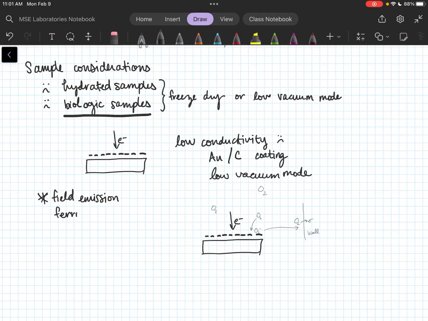So materials that are ferromagnetic might not work. So that's just a little sub thought: in some field emission, we also have to pay attention to magnetism in addition to conductivity and vacuum stability. Okay. There you go. Any questions about electron microscopy as a whole? No. Stellar. Cool.